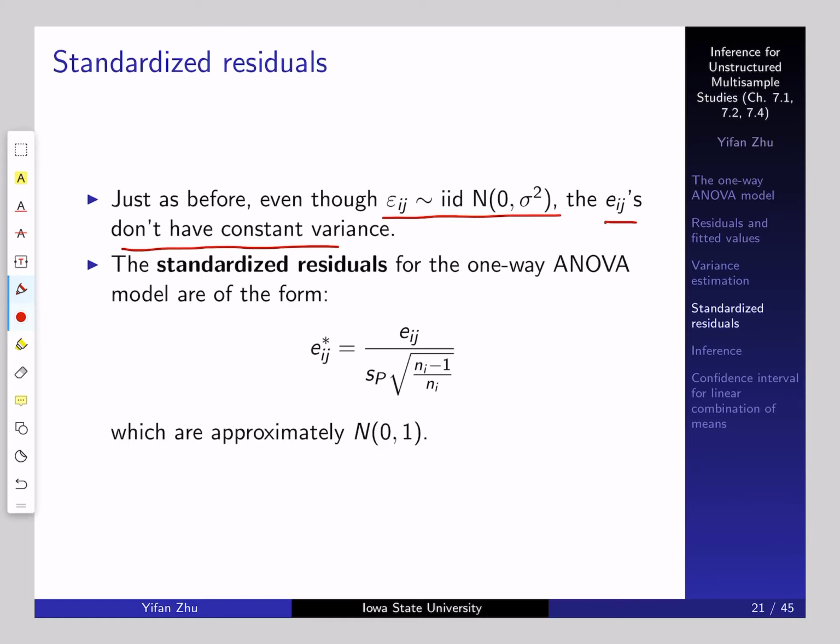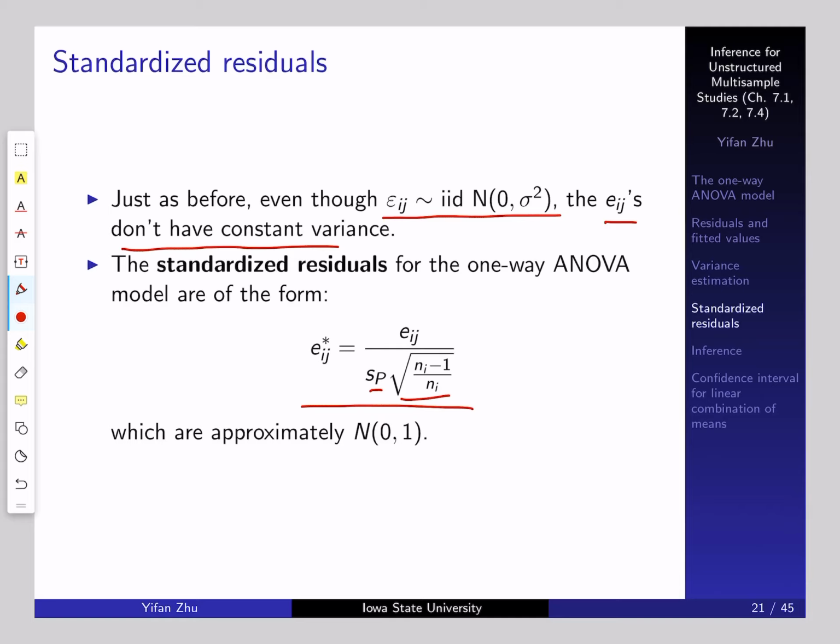It changes as the levels change. And the standardized residual for the one-way ANOVA model has this form. e_ij star is the standardized residual, and it is e_ij divided by s_p times the square root of (n_i minus 1) over n_i.